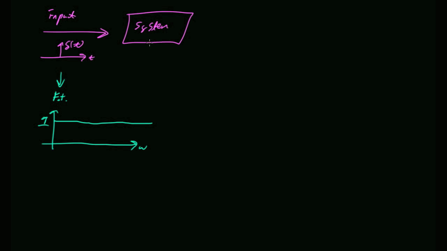Then I'm going to generate a cosine at 10 hertz, and 100, and 1,000, and 10,000. For each one of those inputs, you measure the output and look to see how big it is. The input was 1 volt peak to peak, the output was 1 volt peak to peak, so that frequency got passed. Then you try another frequency, and another, and another, and you figure out which frequencies are passed and which are rejected.